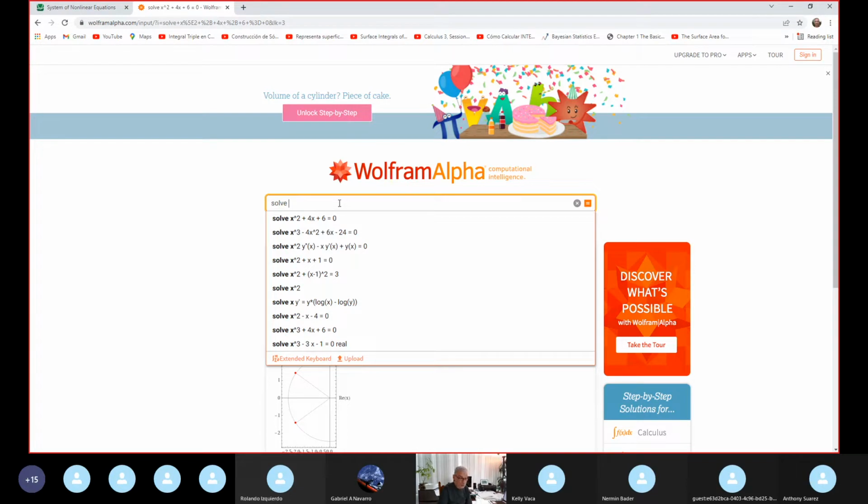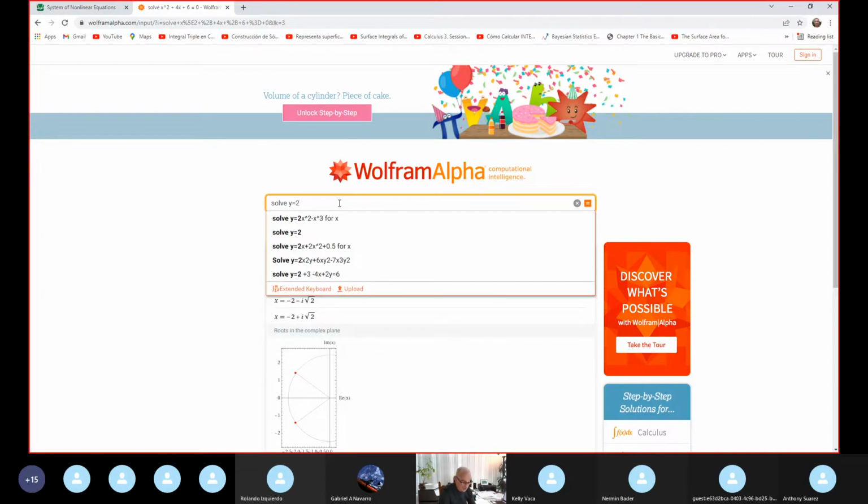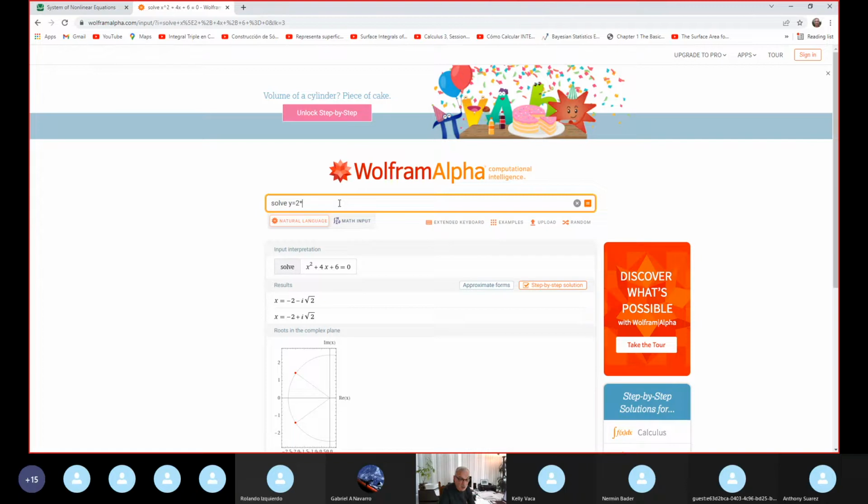The first equation is y equal to, and be careful, it's mandatory, put the multiplication sign. Between the variables, yes, because Wolfram Alpha doesn't understand very well.